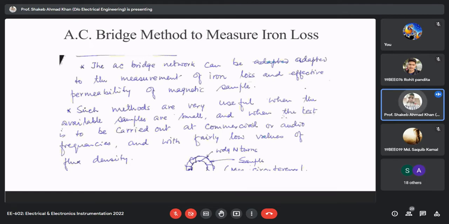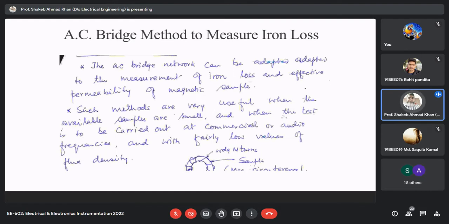Now, as far as the measurement of iron loss is concerned, the conventional method, as I told you, is the open circuit method, where whatever sample we get, we make a core out of it, and then we wind the primary and secondary windings, and perform the open circuit test on it.